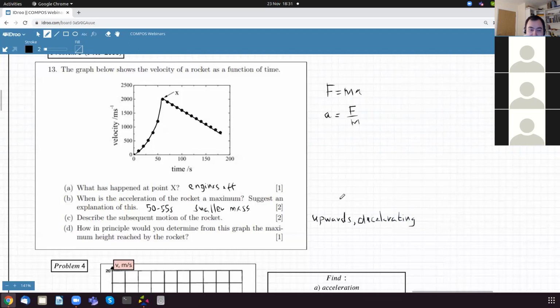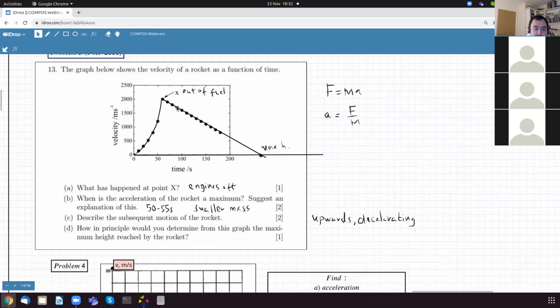Upwards, decelerating. And when the line reaches the x-axis, or the t-axis in this case, that's when it reaches the maximum height. So this is out of fuel, and this is the maximum height.